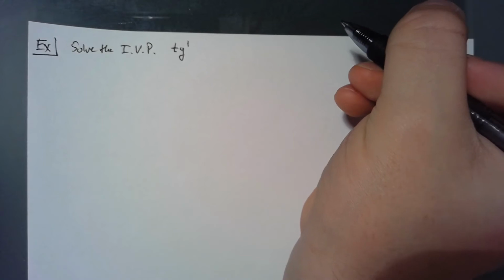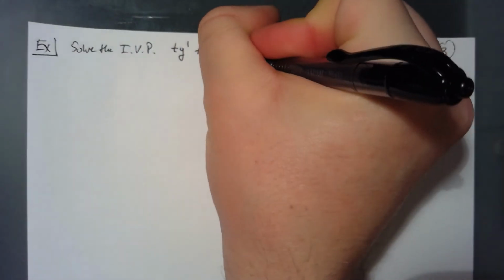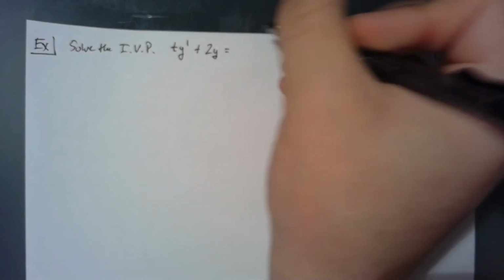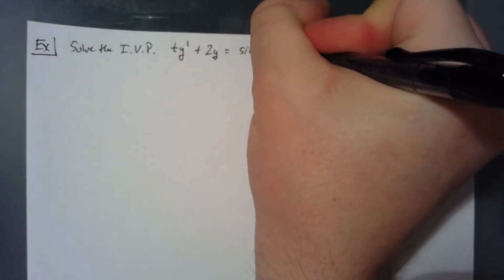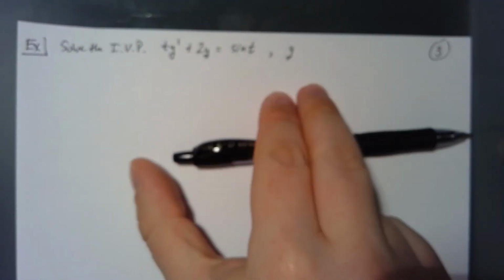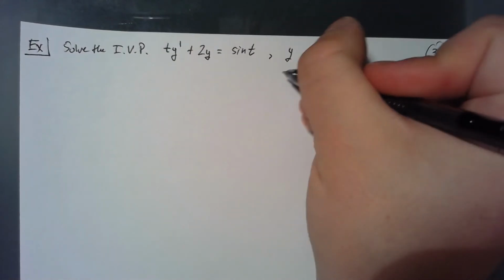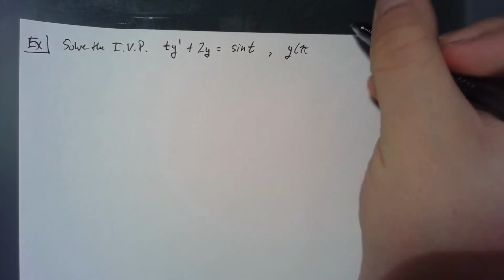T times y prime plus 2y equals sine of t, with an initial condition. So the initial condition is y at pi equals 0.